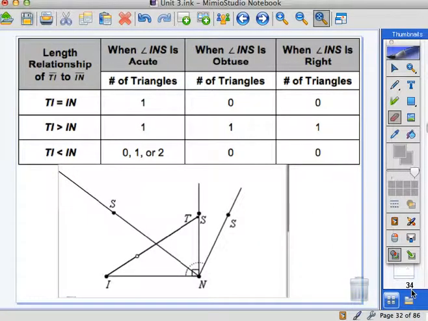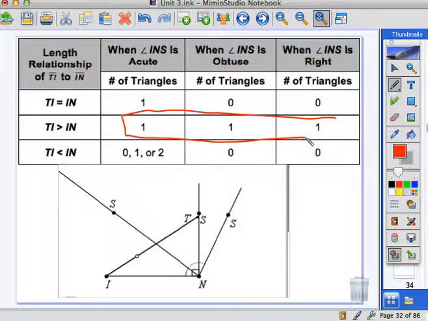One of the things is that when we have an acute, an obtuse, or a right triangle, there's one situation where we will always find one triangle. That is when your TI is greater than IN. Here's a picture of the triangle scenarios again.